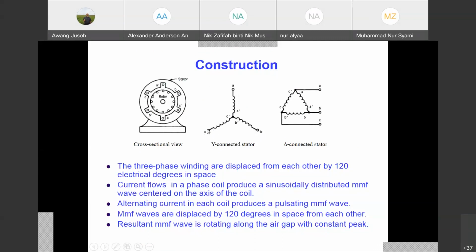Similar for phase C. The current enters C bar and comes out at C only. At point C you see the dot notation. So C bar you see cross, C dot. B bar you see cross, B dot. A you see cross, A bar dot. That's what is meant by the notation.